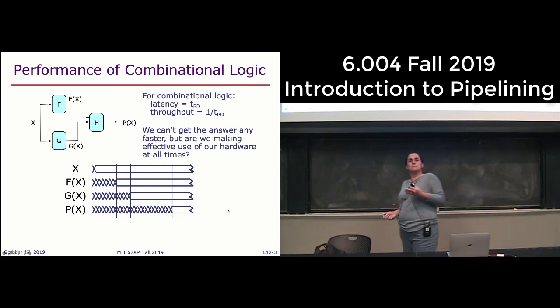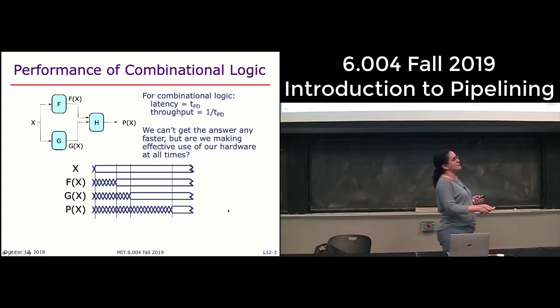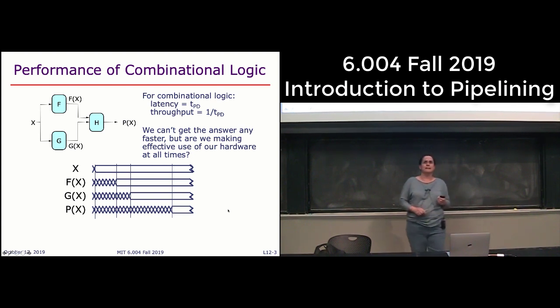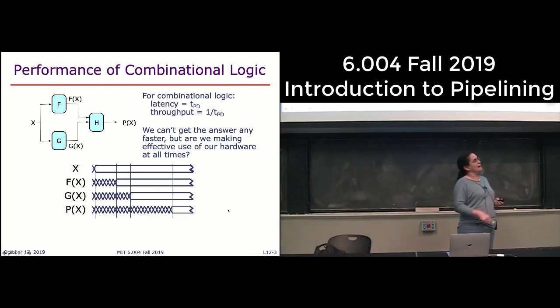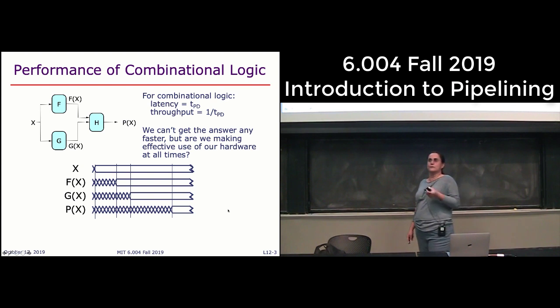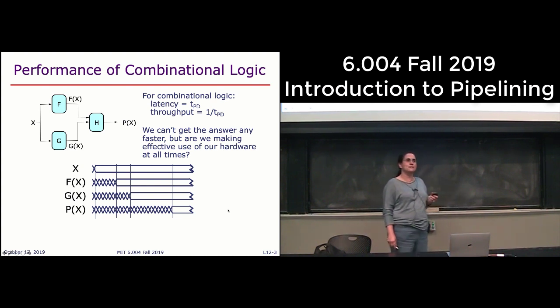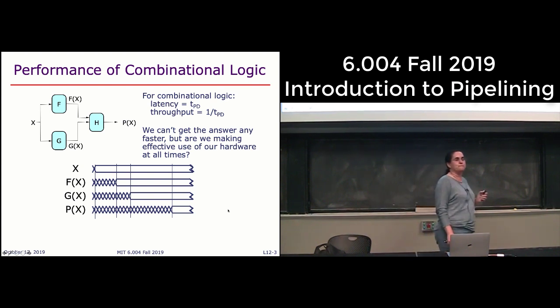Only at this point can H go ahead and get started. And so H starts computing over here, and it's got this space of time for the propagation delay. But if you look a little more closely, you notice that F and G are actually not doing anything useful while H is doing its computation. So that's kind of wasteful, right?